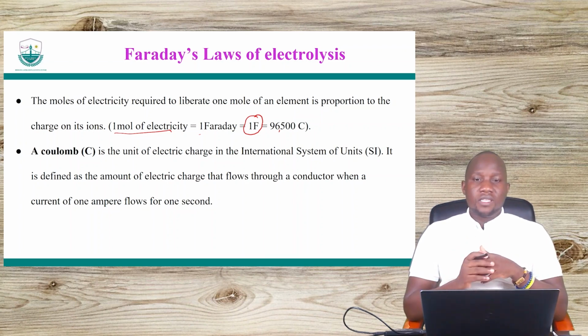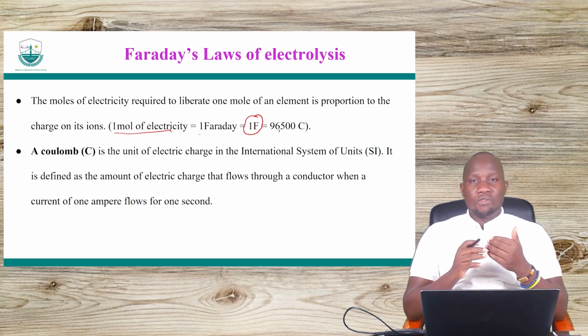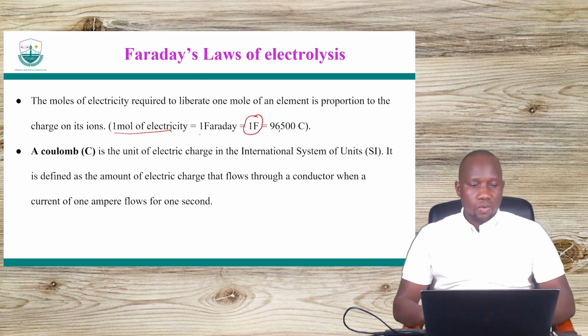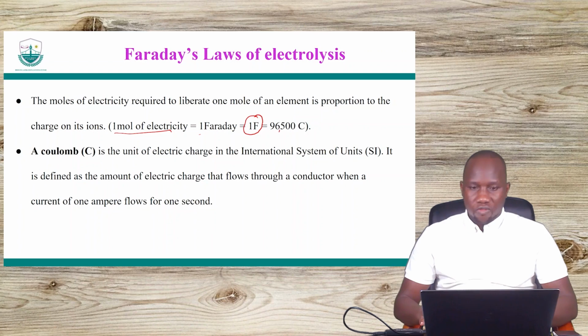So if we are to define coulomb, it is the amount of electric charge that flows through a conductor when an electric current of 1 ampere flows for 1 second. Yes, so that is what we call a coulomb. Now let's move forward.